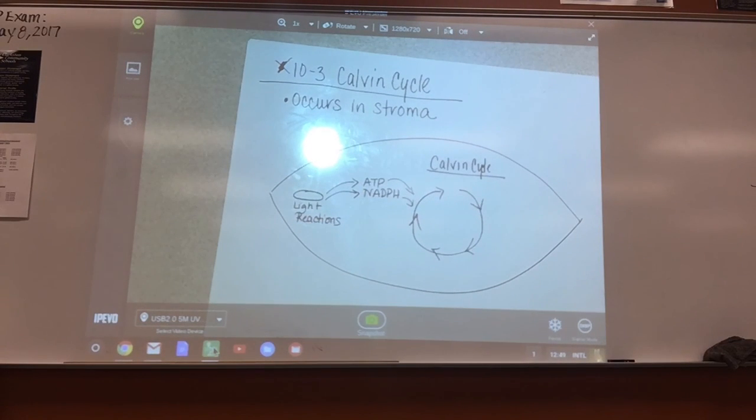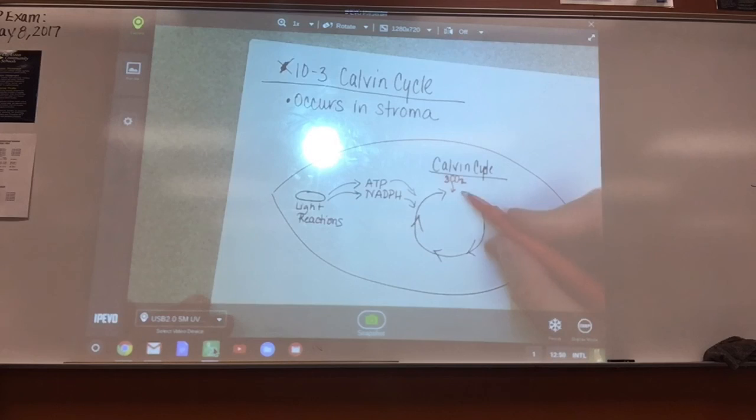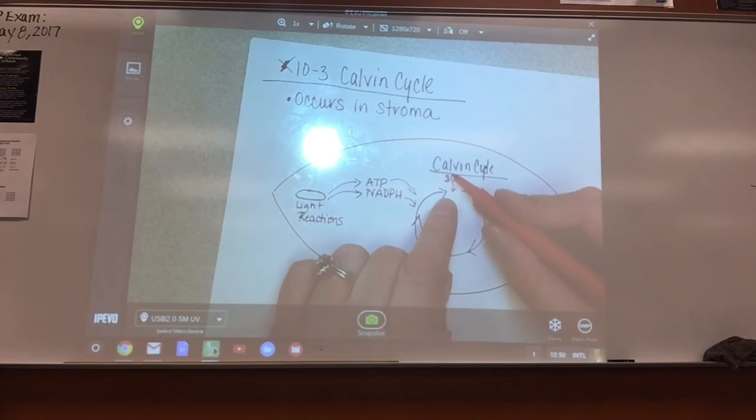One of them comes out. The other 5 go through a series of reactions to regenerate molecule X. Like I said, you don't need to know what molecule X is. So the third stage is called regeneration. This part here is just to regenerate that molecule, so the next CO2 can come in and be fixed. Alright, so that's the regeneration.